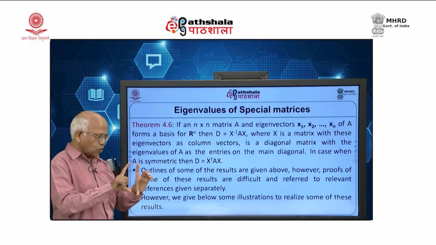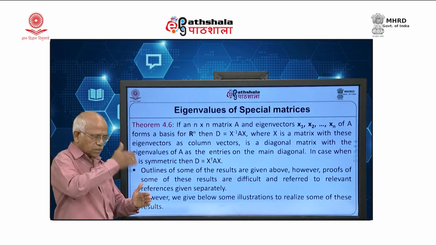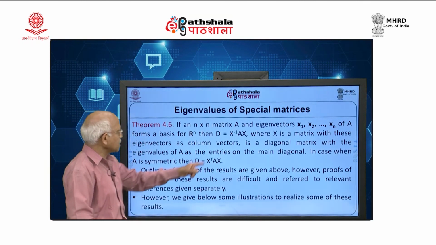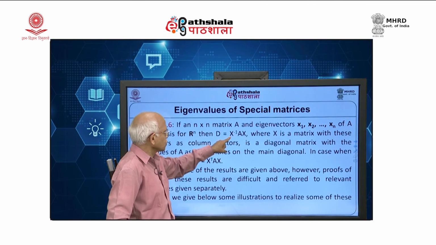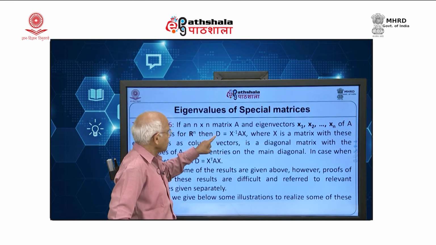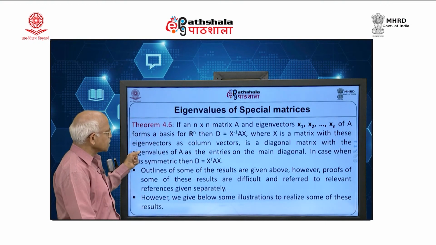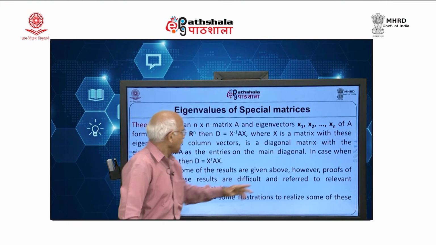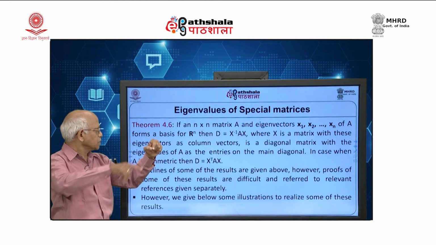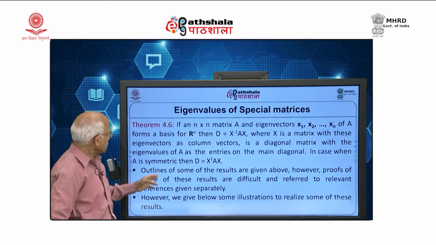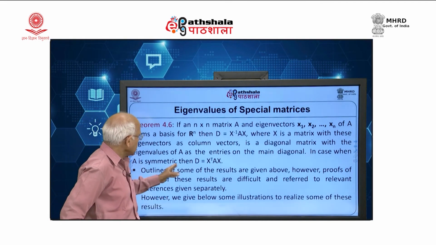So, I can form a matrix by taking these eigenvectors as column vectors. I am calling that matrix capital X, and because they are independent, X inverse will exist. X inverse A X will result in a diagonal matrix with all eigenvalues as diagonal entries.